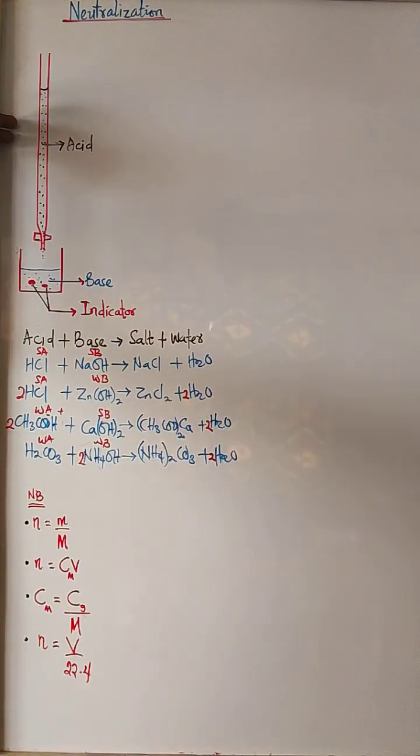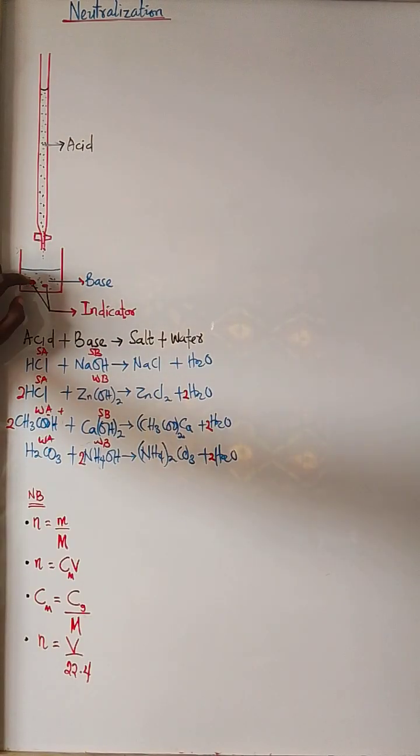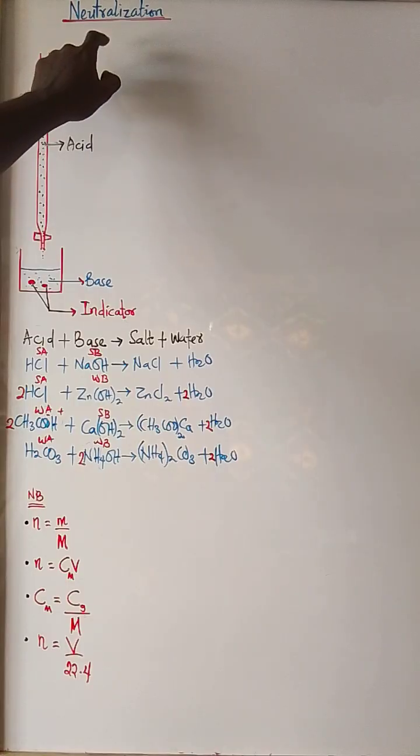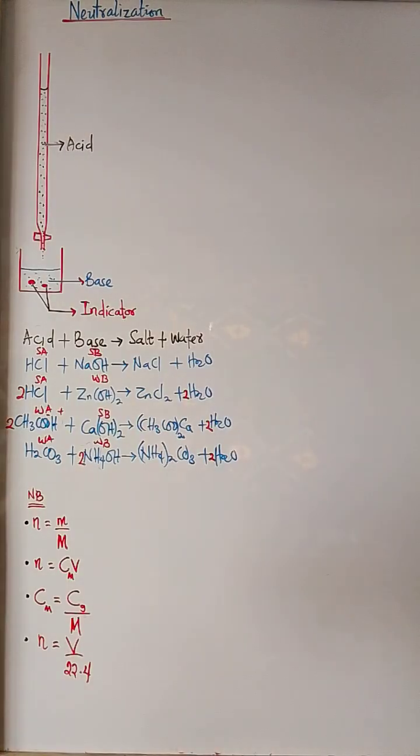But if we add a particular amount of acid and it's too small, what happens? Neutralization will not fully occur. So before there can be neutralization, you have to add a specific volume of acid, and that volume of acid we usually call the titer value. So if the volume is less, what happens?